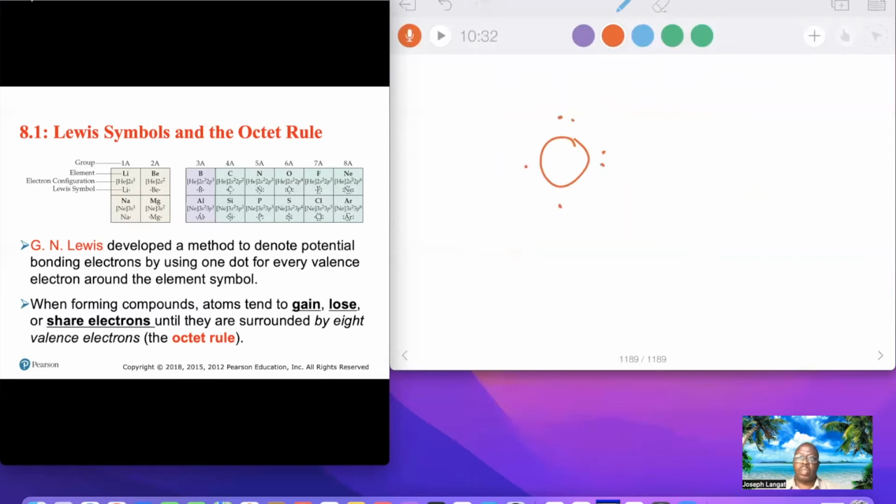This is the dot symbol for oxygen. Before we get to group 8, all group 7A, such as fluorine, 1, 2, 3, 4, 5, 6, 7. So that's how you write the dot symbol for all group 7A.